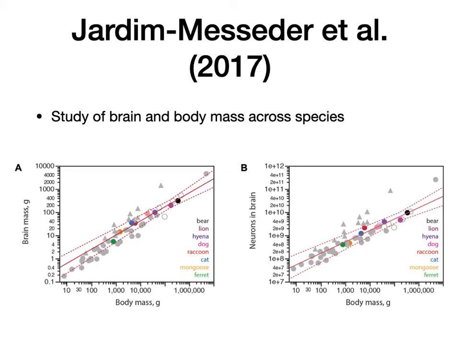We don't need to focus on. But really the key question I have is, look at that triangle between lions and hyenas, way up there. For its body size, some creature has a couple of orders of magnitude more neurons than we would normally expect.